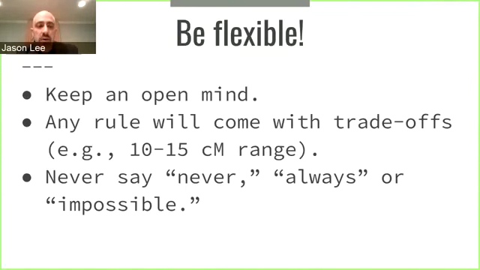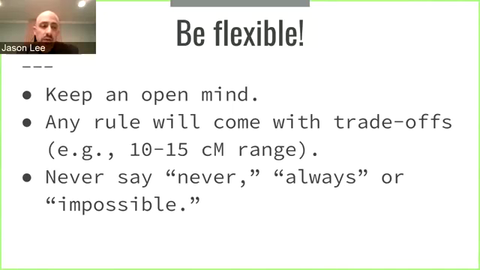Any rule is going to come with trade-offs. If you say, okay, I'm going to go ahead and look at matches that go all the way down to 10 centimorgans, you're going to be wading through a lot of bad matches, or matches that may be good in some sense, but far too distant to trace back to a common ancestor. If you raise that threshold to 15 centimorgans, you're going to deal with fewer bad matches, but you're going to miss a few good ones.